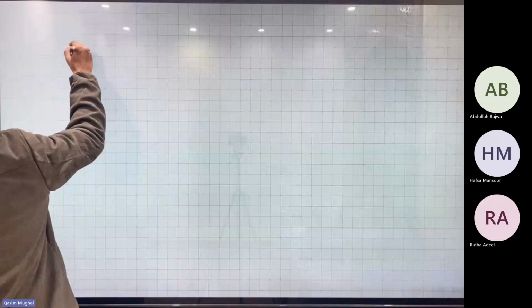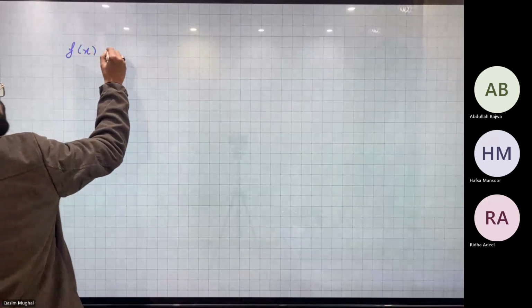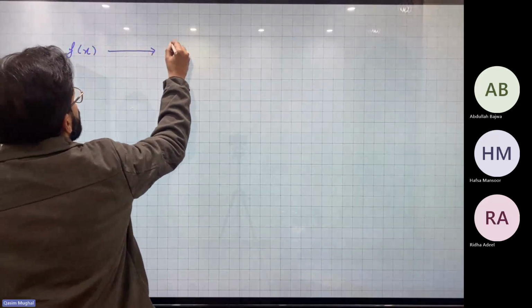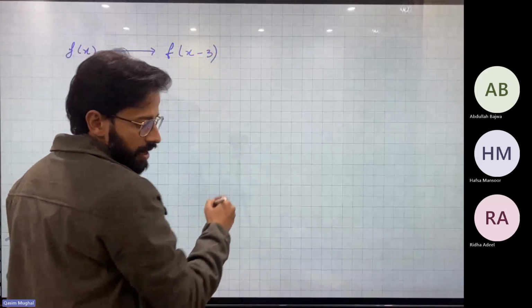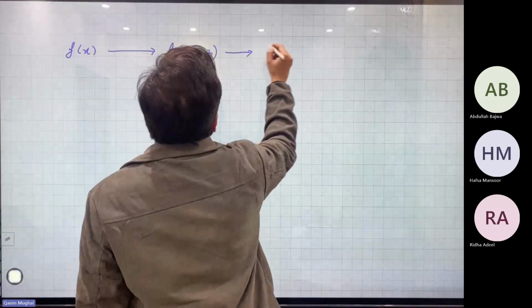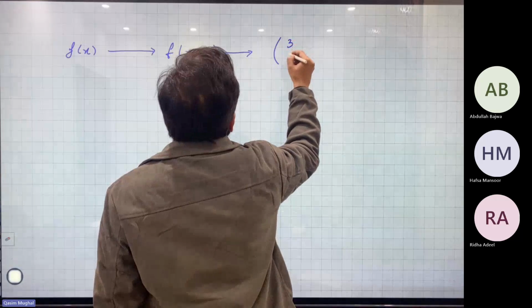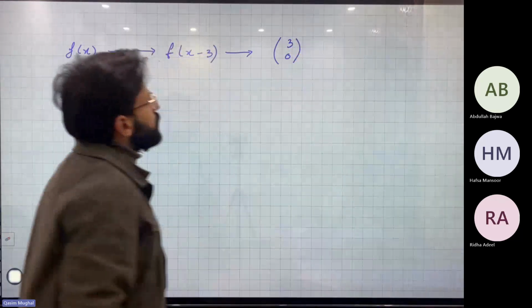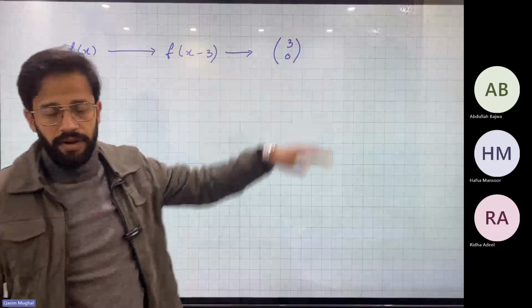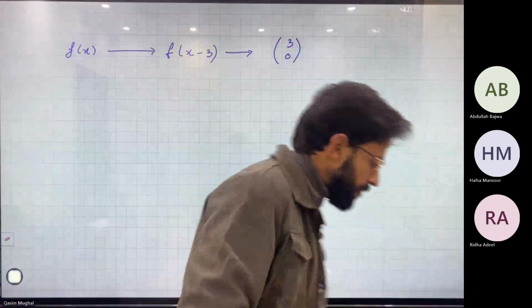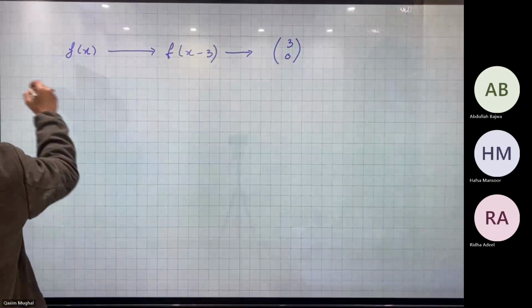So for example, I have a function, and if the examiner gives you f of x minus 3, then the vector is going to be plus 3 and 0. So I'm going to write down the function and its notation. You need to write down its vector. Start करें? Okay.